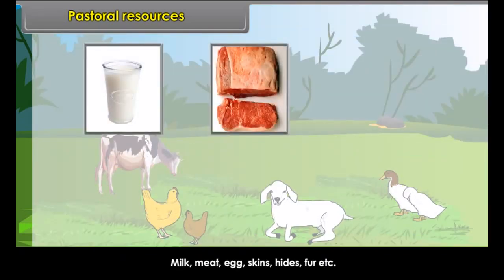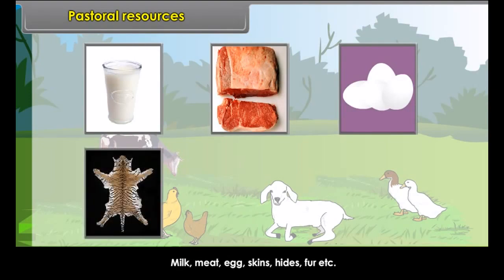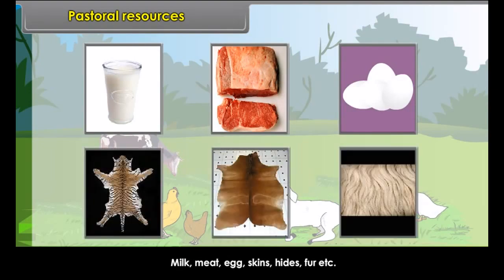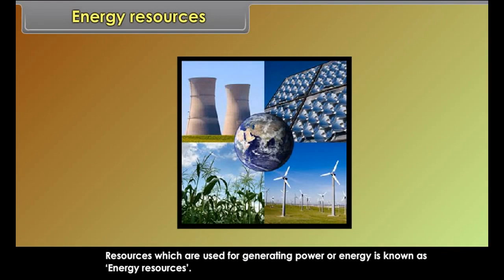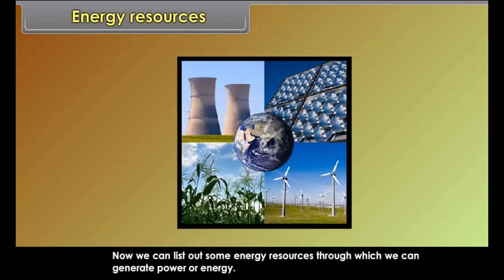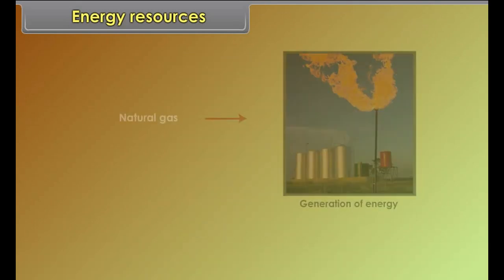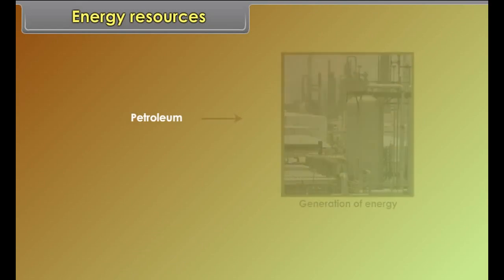Pastoral resources. Another classification of resources is pastoral resources. The resources which we get from animals are pastoral resources. Can you name some resources that we get from animals? Milk, meat, egg, skins, hides, fur, etc. Energy resources.